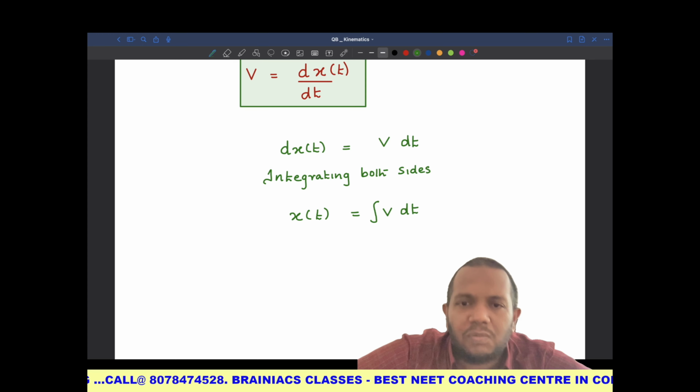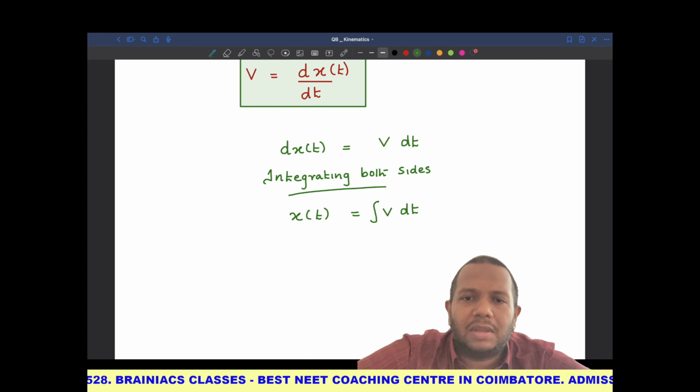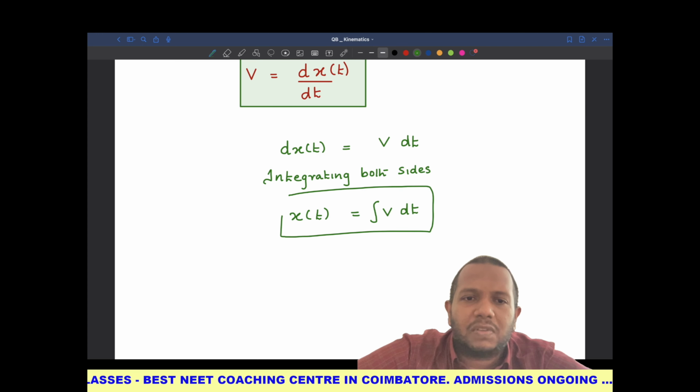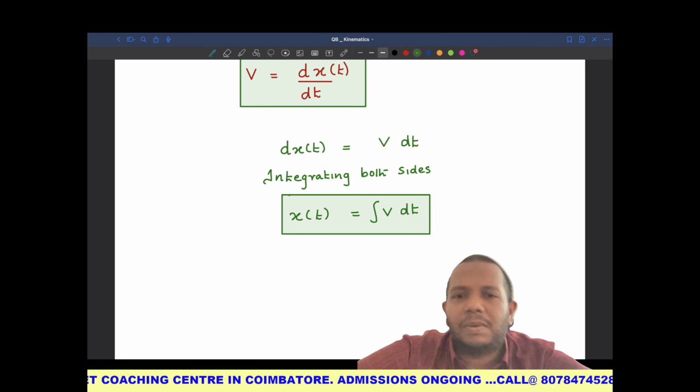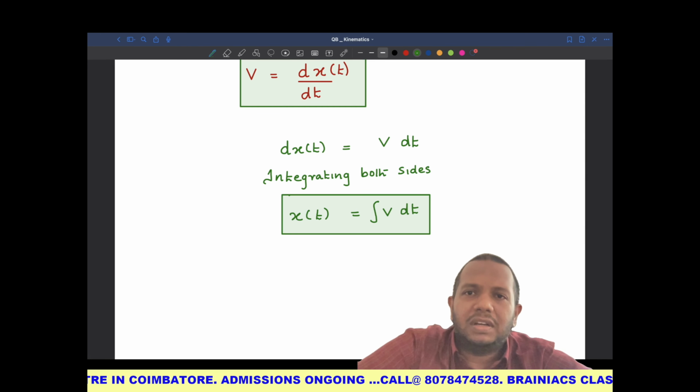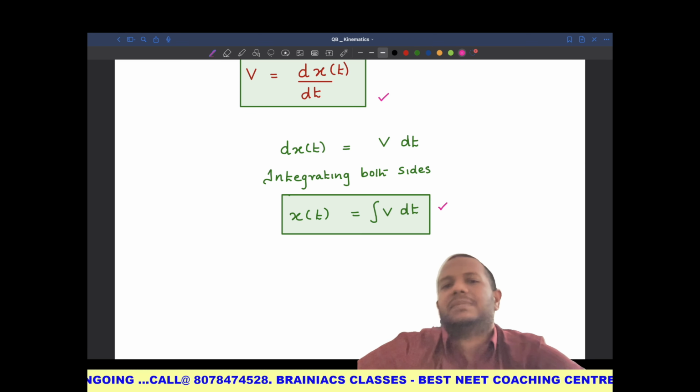We know that here velocity is a function of time. This is the formula to remember, but I will remember only the first one, and this I will try to get from that.